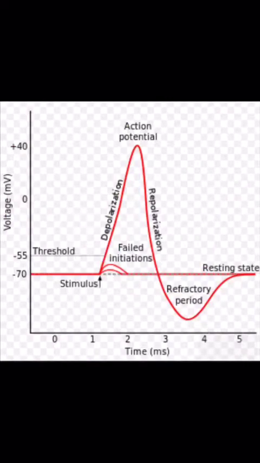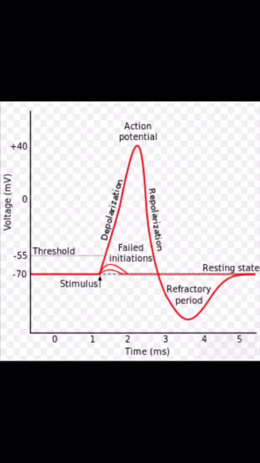As you can see here, this graph illustrates the action potential of a neuron. Here is the resting membrane potential at -70 millivolts. When a neuron reaches about -55 millivolts, it will fire an action potential, also known as the threshold.